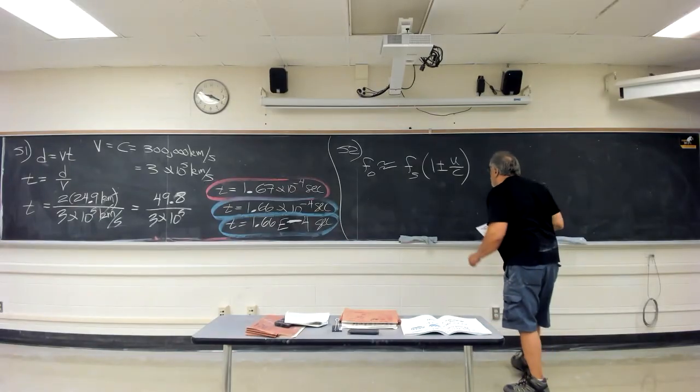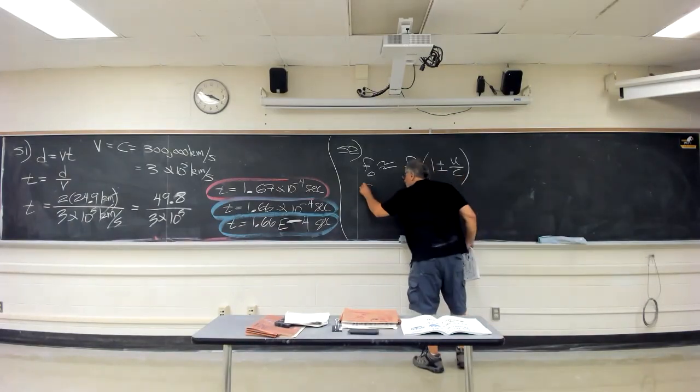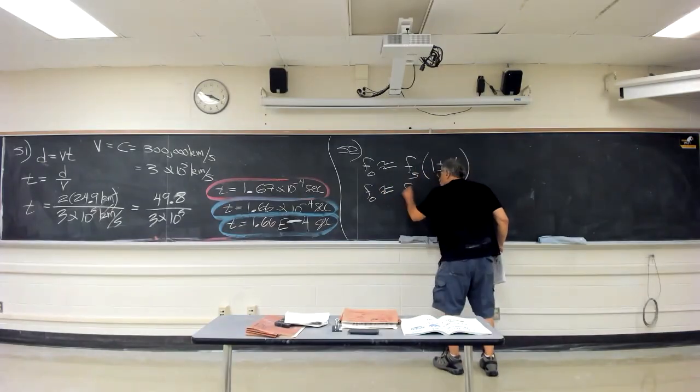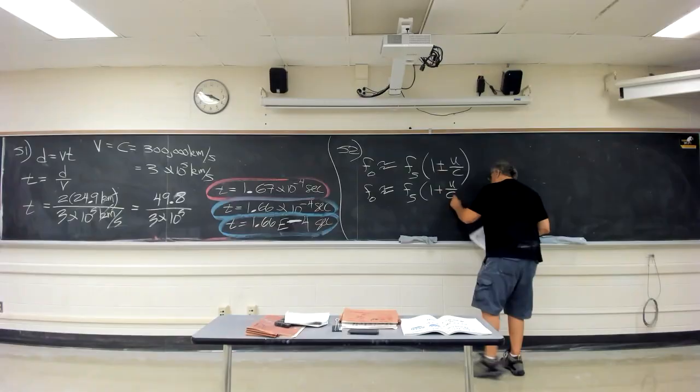If there's an approach, it's plus. If they're going away from each other, it's minus. Approaching each other is plus. So it's plus, and that's if u is much smaller than c, and we have all those criteria. So we have f equals f_s times 1 plus u over c.